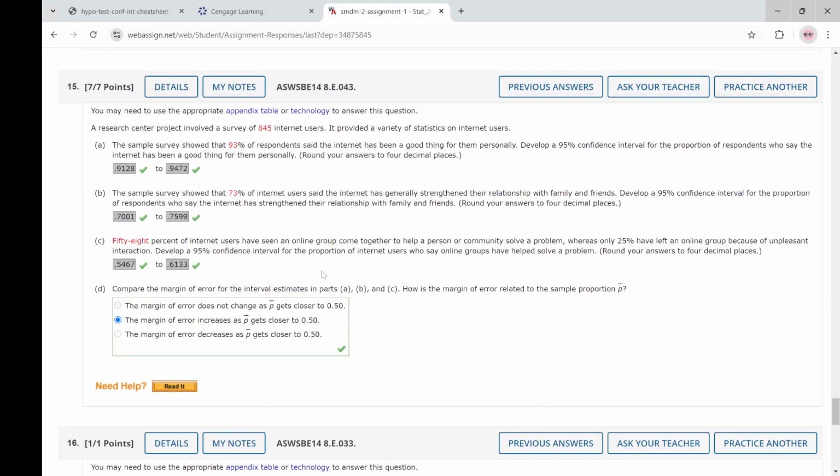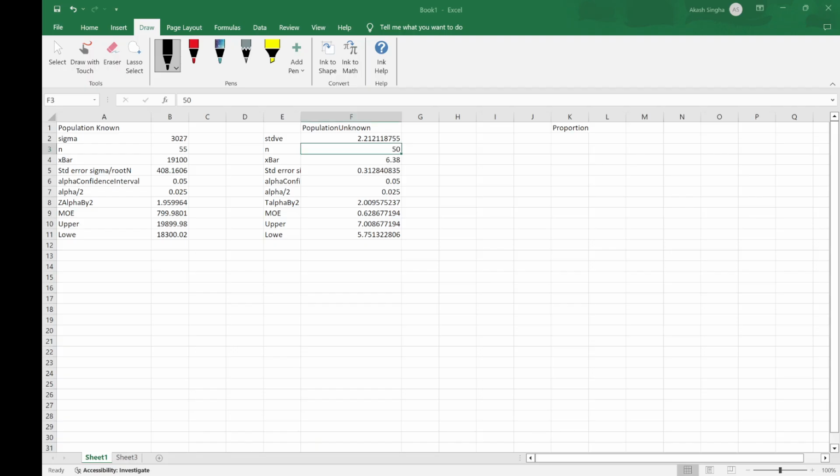And now I will show some of the p bar thing, right? So in p bar we have values like probability value and then n value, and then the whole formula of standard deviation, and then these things will be same, alpha by 2.